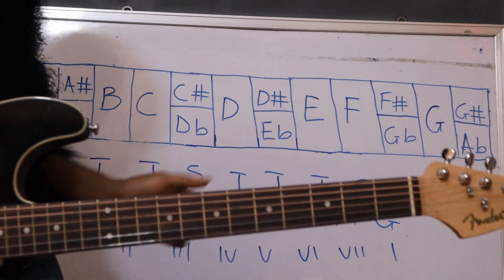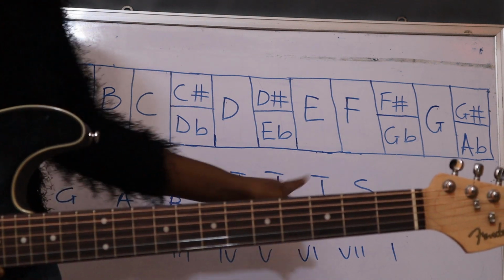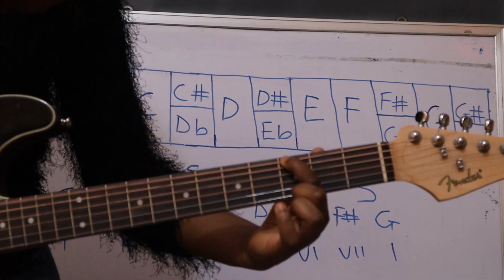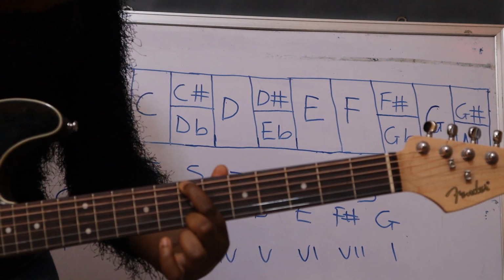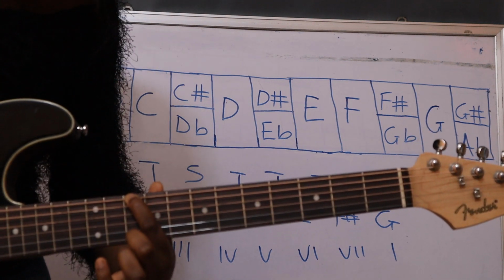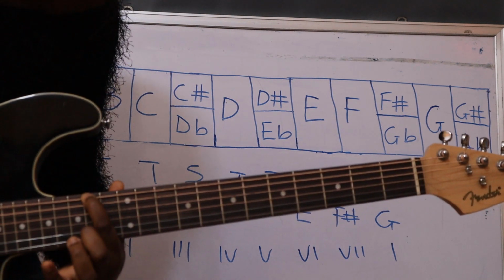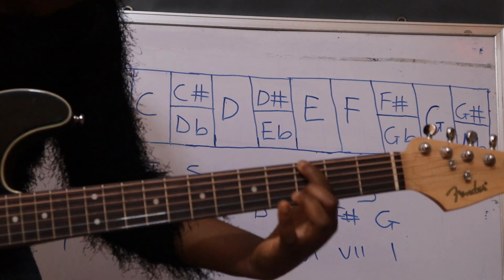Following the tone, tone, semitone formula, you know that this is G, tone, tone, semitone, tone, semitone.